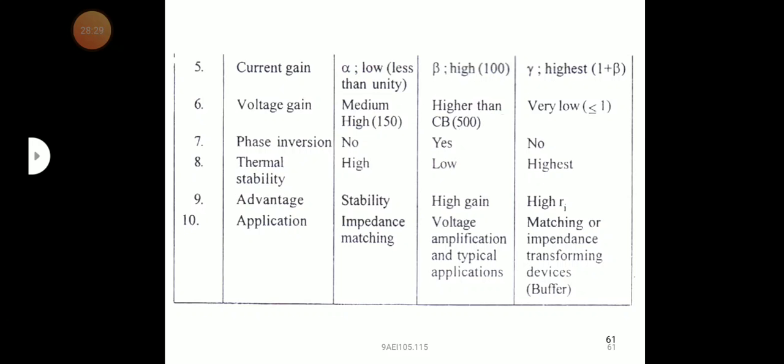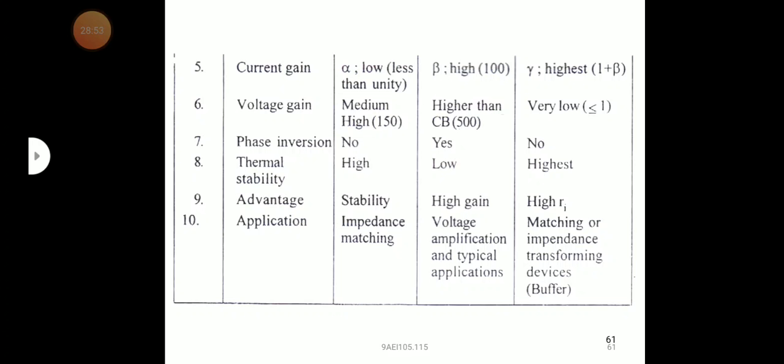But in the common emitter there is a shift. If you give a positive direction signal, we get a negative direction signal, a 180 degree shift. So the amplified signal is a negative signal.